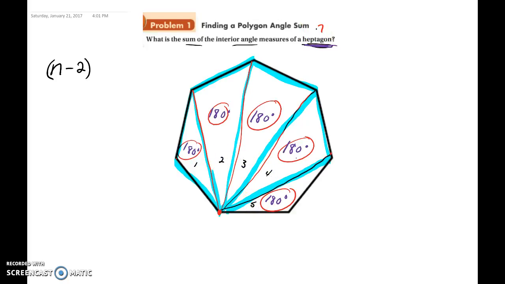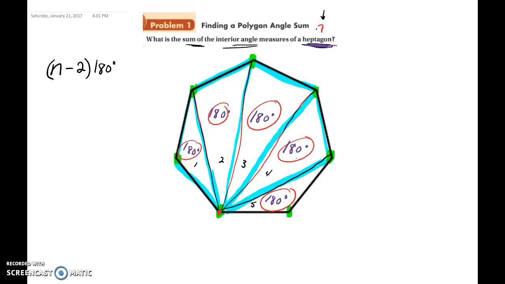So n minus 2, the number of sides we have, minus 2, times 180 degrees. And that is equal to the sum of the interior angles, meaning if we add up every single angle that I'm going to highlight here in green, so this angle, this angle, this angle, this angle, this angle, this angle, and this angle, they would equal to this.